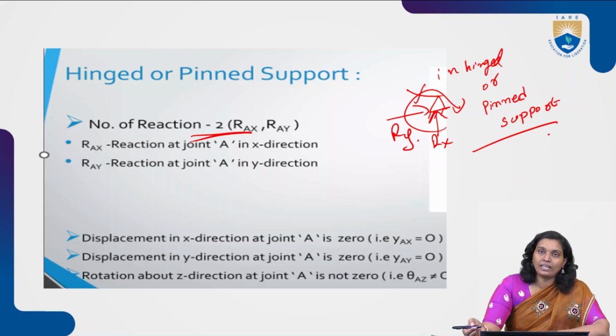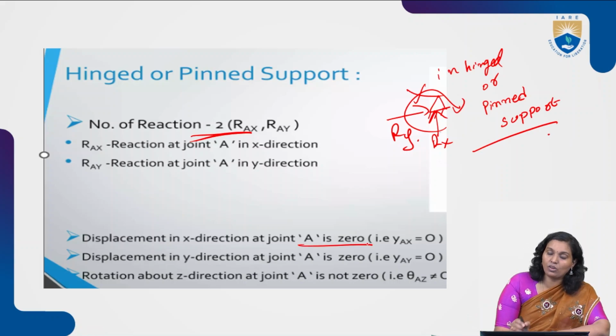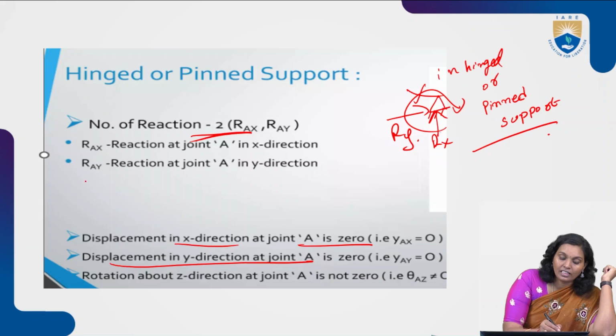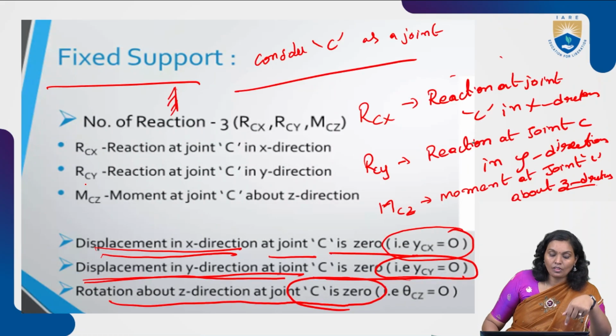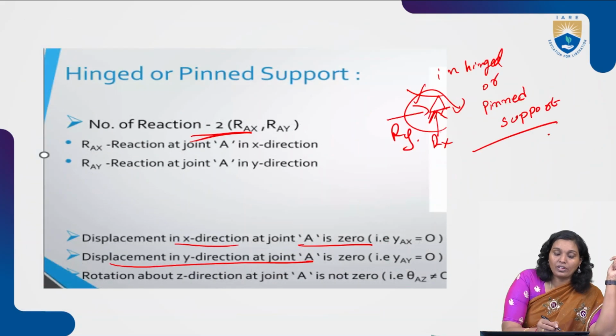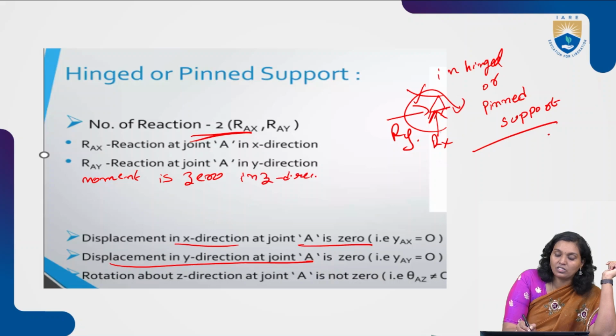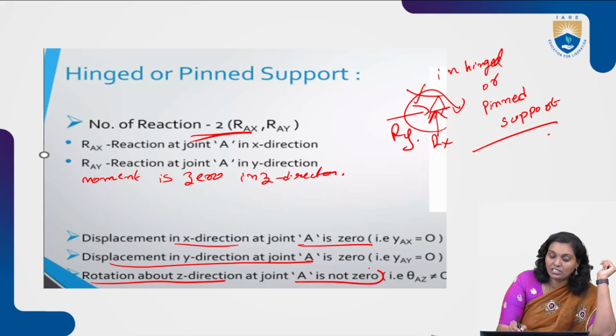Similarly, the displacement in the x direction at a joint is 0. There is no displacement along the x and y directions. But here the rotation about the z direction at a joint is not 0.